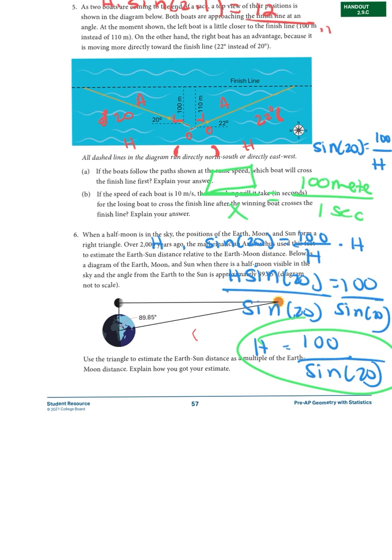Below is a diagram of the Earth, moon, and sun when there is a half moon visible in the sky, and the angle from the Earth to sun is approximately 89.85 degrees. Use a triangle to estimate the Earth to sun distance as a multiple, so key words here, as a multiple of the Earth to moon. So from Earth to sun is a multiple of the Earth to moon.